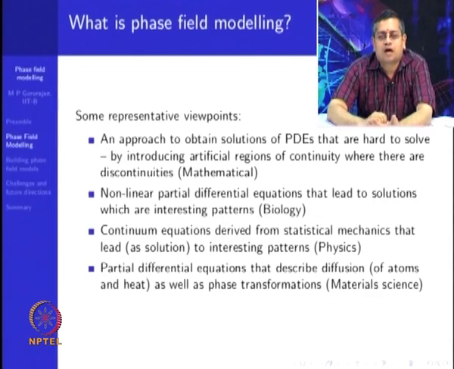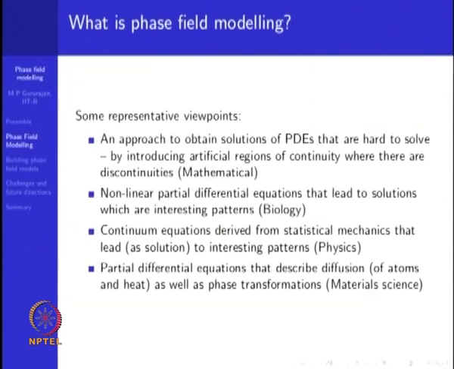So, Alan Turing thought that Allen-Cahn kind of equations are reaction diffusion equations, because they are diffusion equations and there is a source term, and the source term can be thought of as some chemical reaction giving rise to some species. So, these reaction diffusion equations can give rise to these kinds of interesting patterns, alternating black and white.